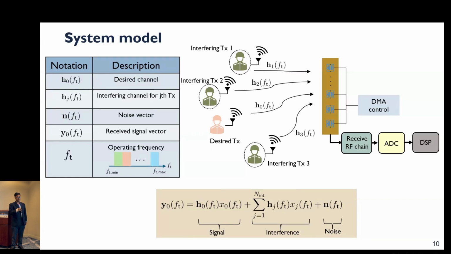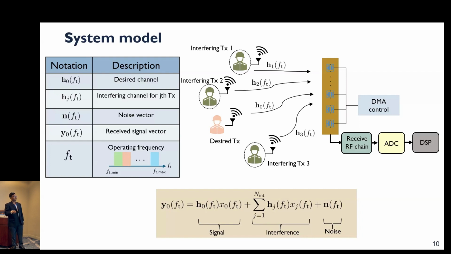Now the DMA applies a combining vector, which is denoted by W_DMA. This W_DMA is a combining vector that is obtained by the resonant frequency control. An additional effect in the DMA is that as the signal propagates within this waveguide, there is an intrinsic DMA channel which has some phase and magnitude change at each slot.